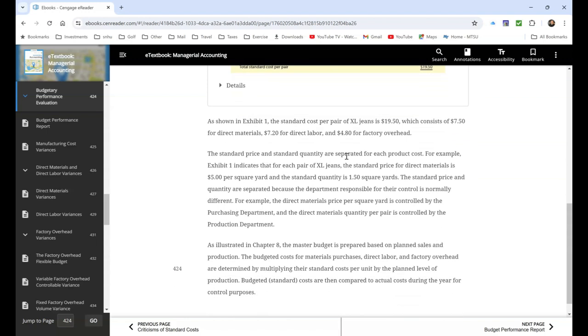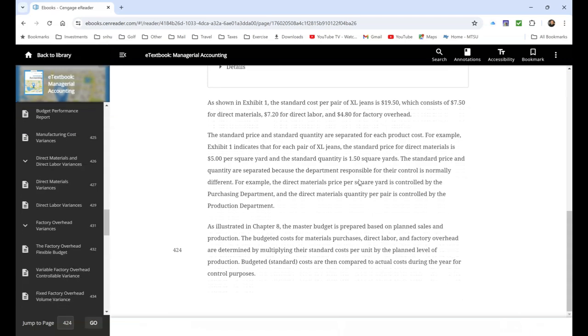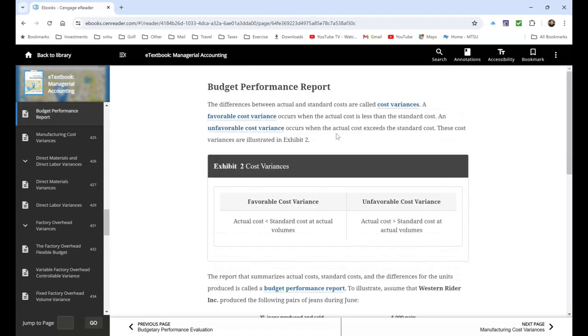The standard price and standard quantity are separated for each product cost. For example, XL jeans, the standard price for direct materials is $5, etc. Okay, so then you look to see what actually happened, and you have a favorable cost variance, which means that your actual costs are less than your standard cost.